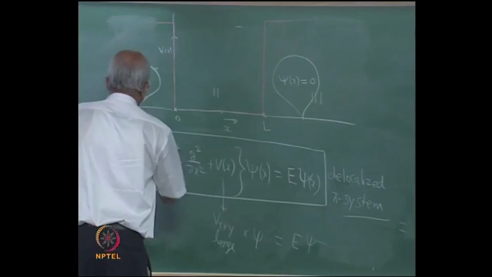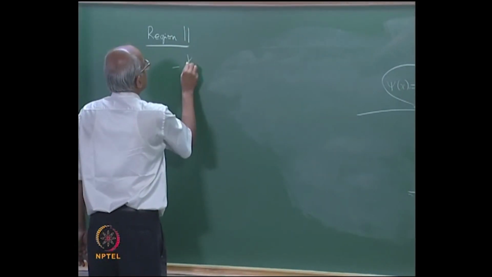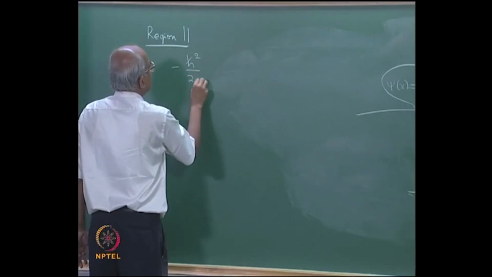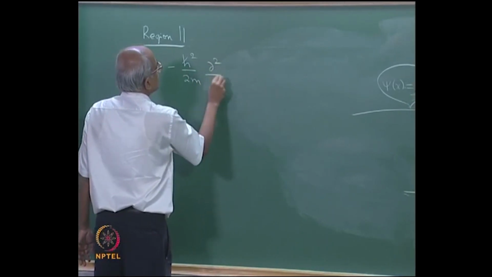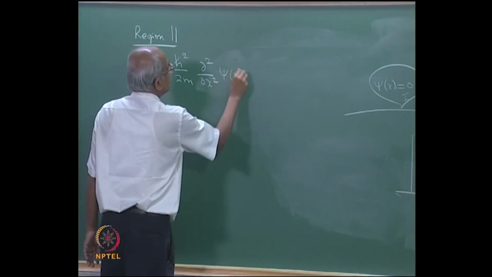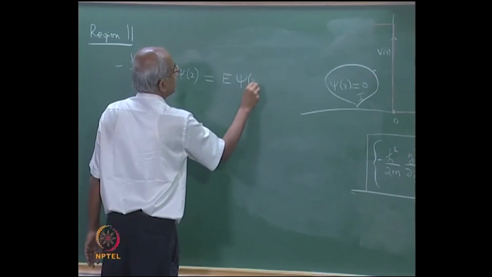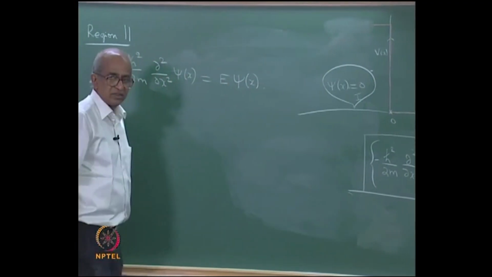So, therefore, I will have minus h cross square upon 2 m, dou square upon dou x square operating upon psi of x, is equal to E psi of x. This is the equation.